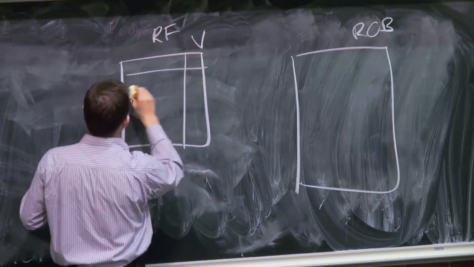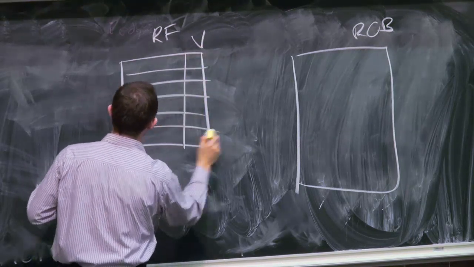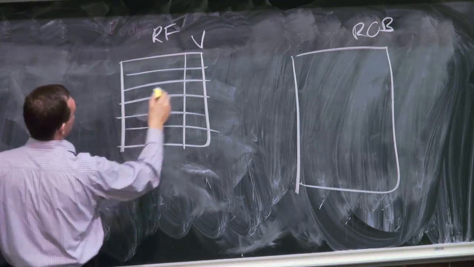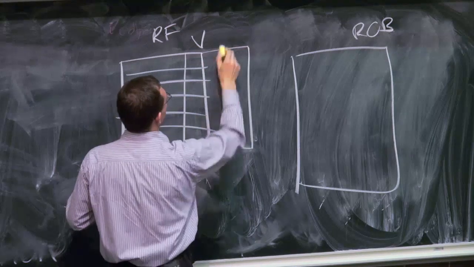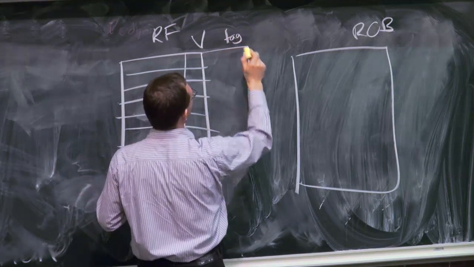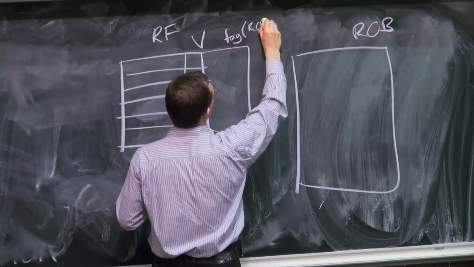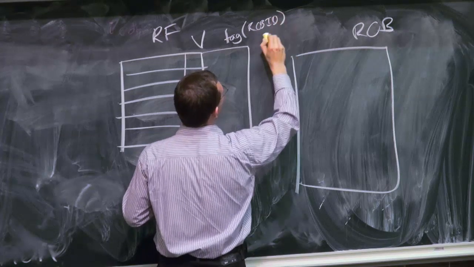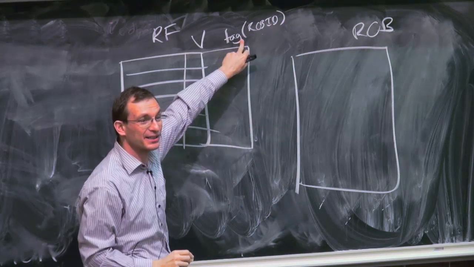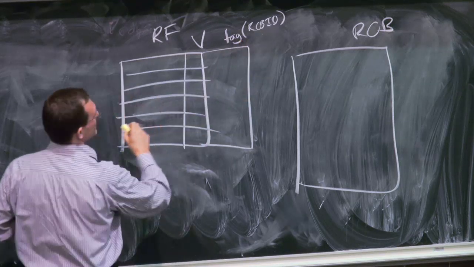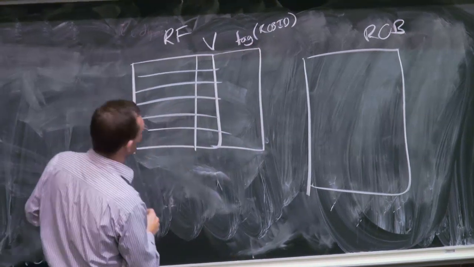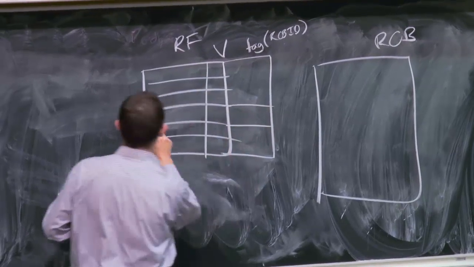And we want to have the valid bit. What we can have is, with each register file entry, a tag, or let's call it the reorder buffer ID, of the last writer to that register. So basically, when this floating point add comes in, it's writing to register 5.